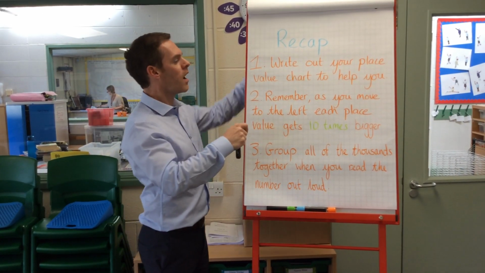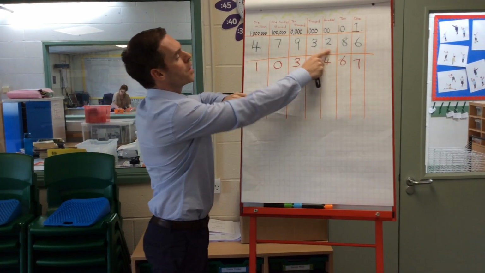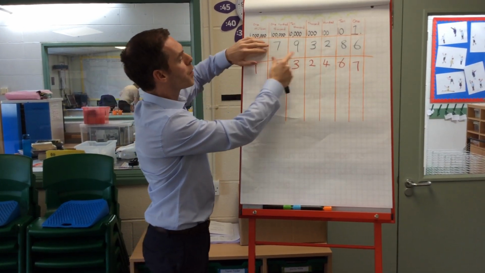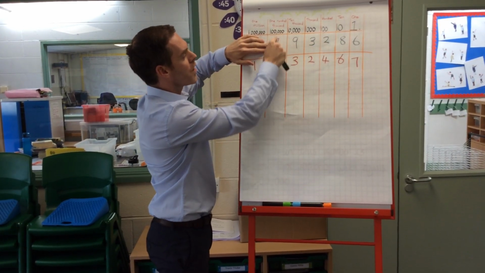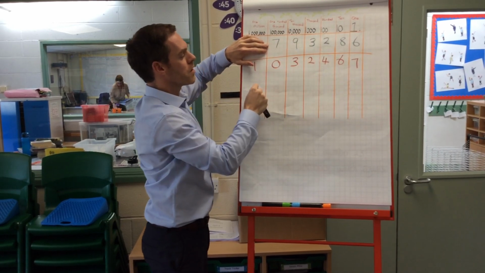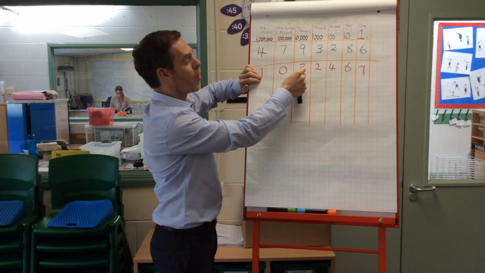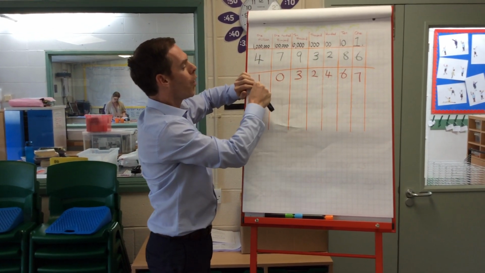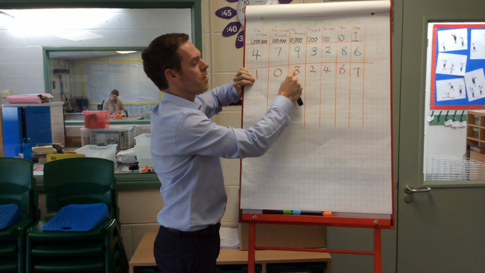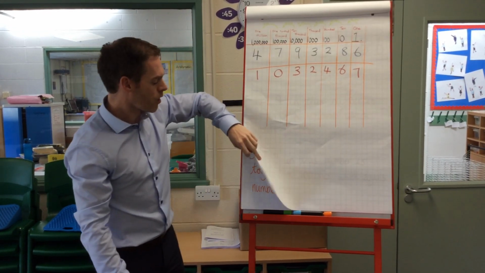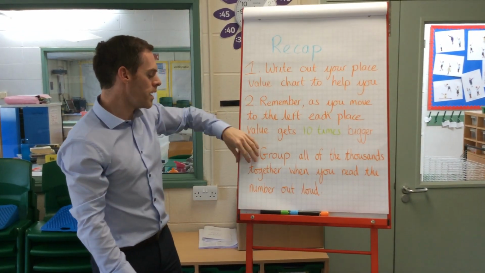So remember, I was doing that when I was reading these numbers. I had 4 million, and then I put all my thousands together, 793,000. Here, 1 million. I didn't have any 100,000s, but I had 32,000. So 1,032,467. So group them together, and that will help you read it.